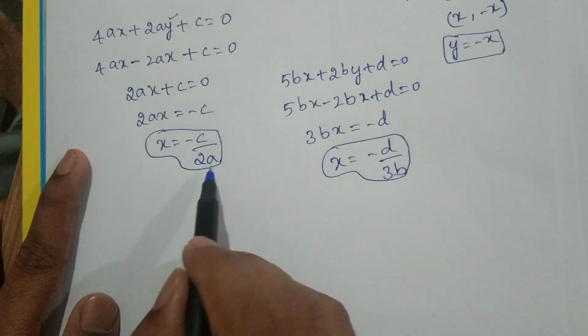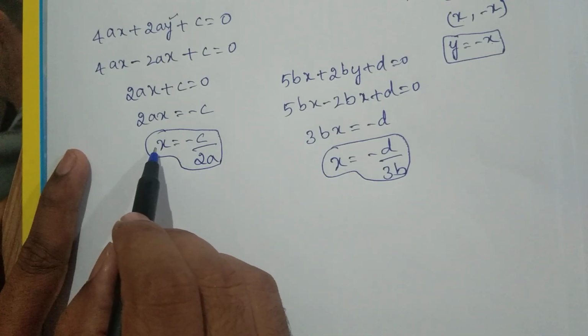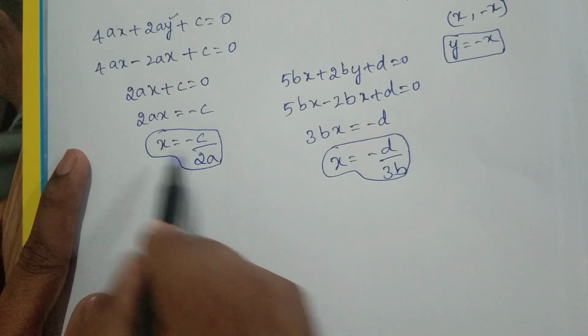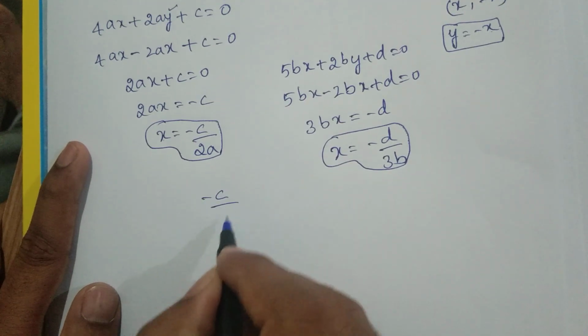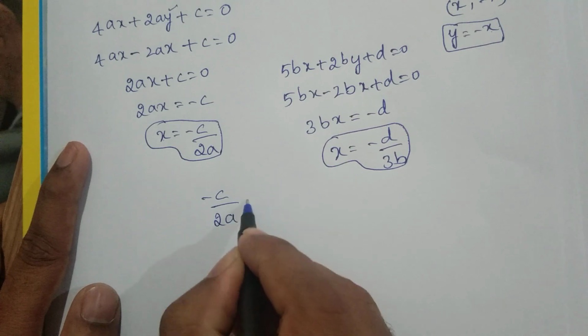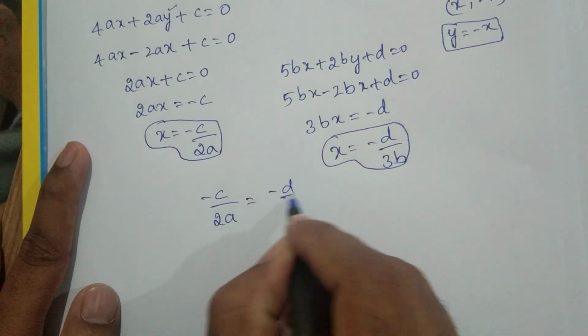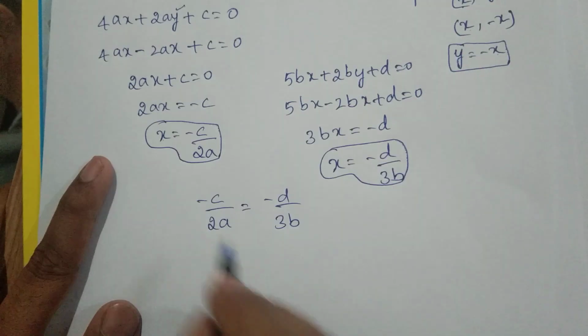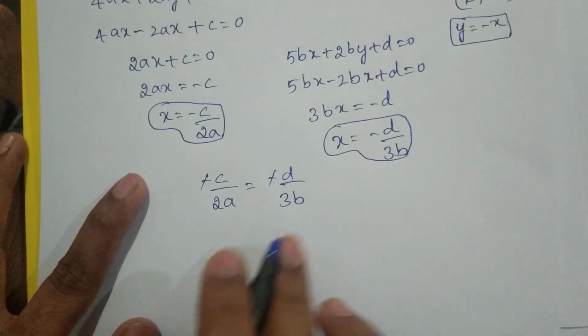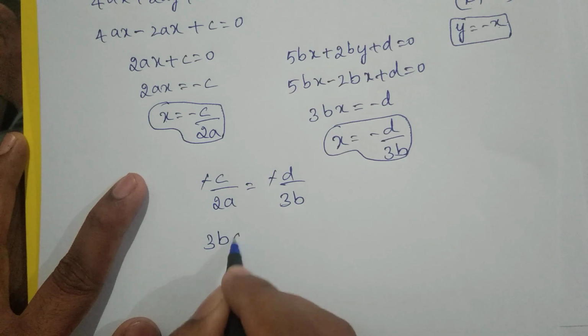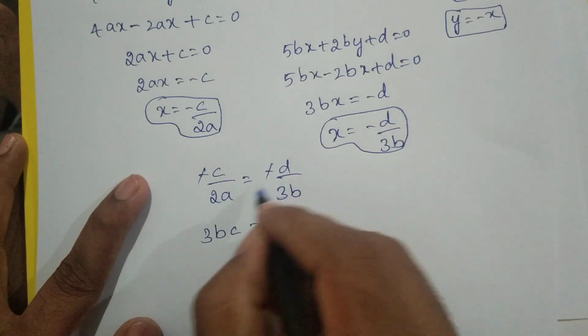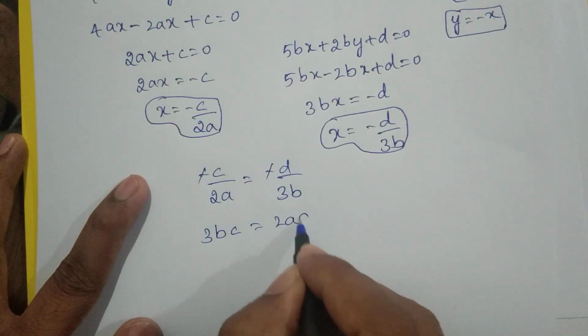In both the terms, the LHS is the same. This is the LHS x, that's why I will equate the RHS, that is minus c by 2a is equal to minus d by 3b. Minus gets cancelled, cross multiplication: 3b into c, 3bc is equal to 2a into d, 2ad.